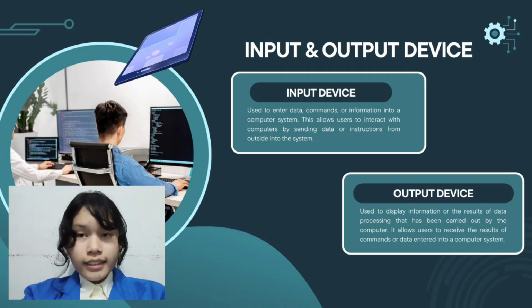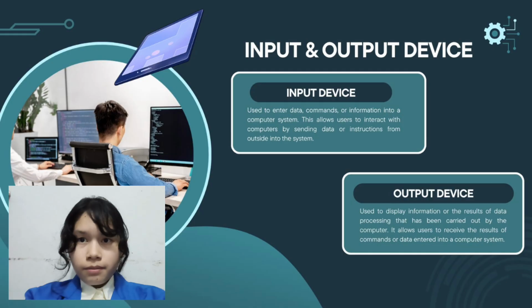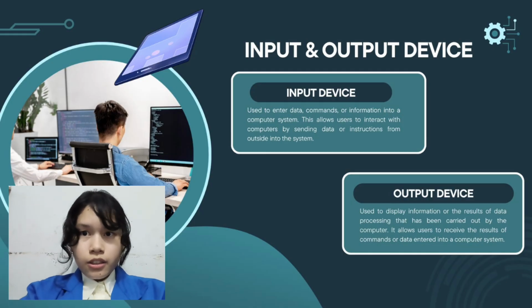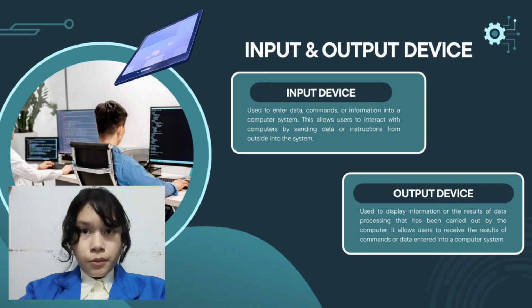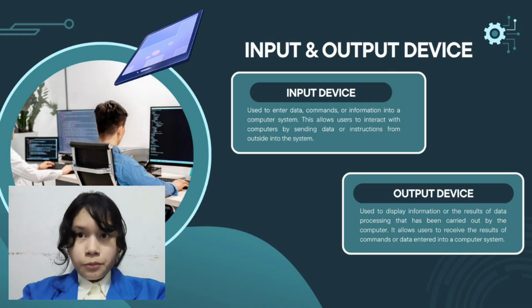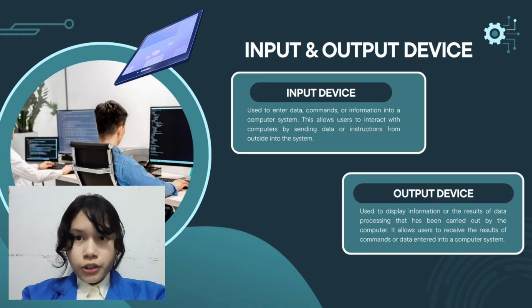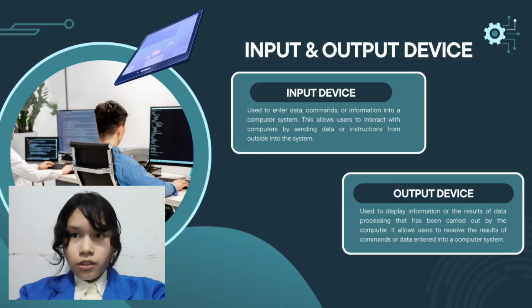Now this is the example based on input and output devices. So let's go to the input device first. What is an input device? An input device is hardware that is used to enter data, commands, or information into a computer system.